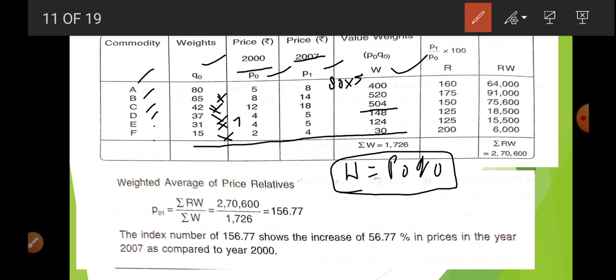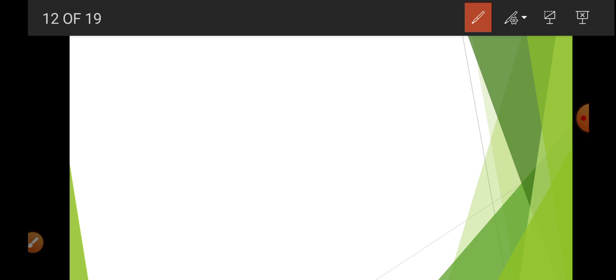Now we are going to calculate PR, the price relative. So how are we going to calculate the PR? Here we are going to use the equation P1 upon P0 multiplied by 100. So how are we going to calculate for the first one? In the first, the price is 8.